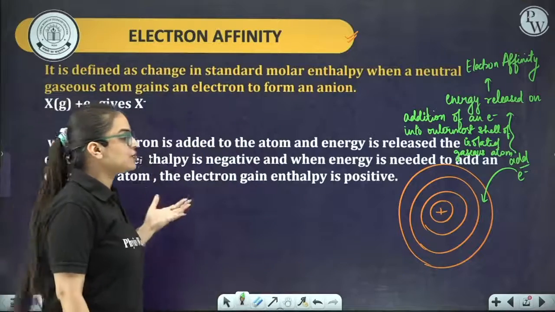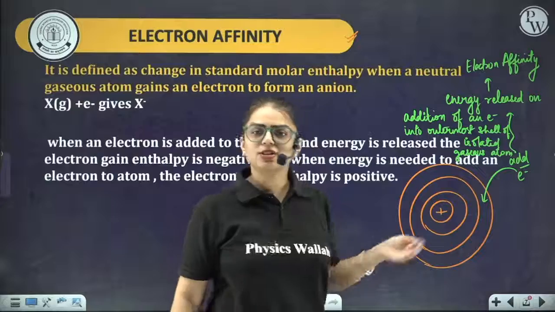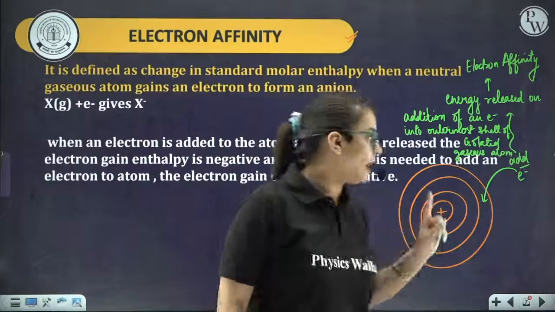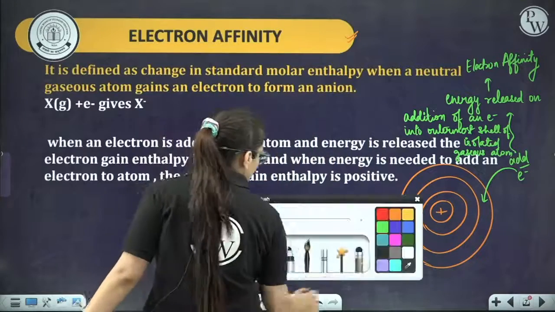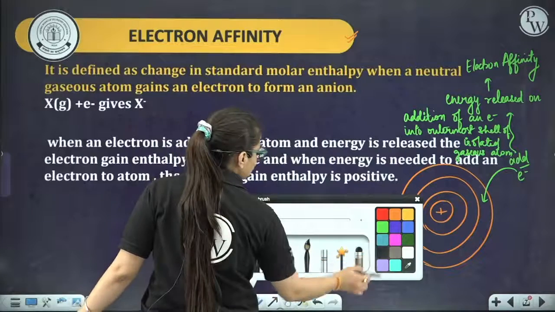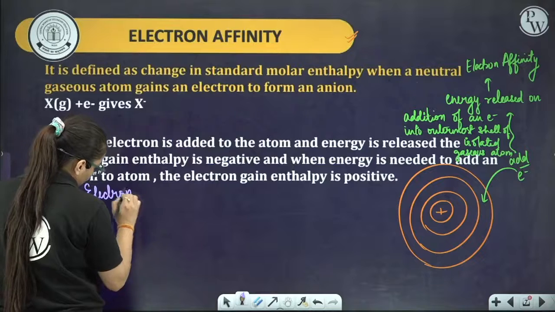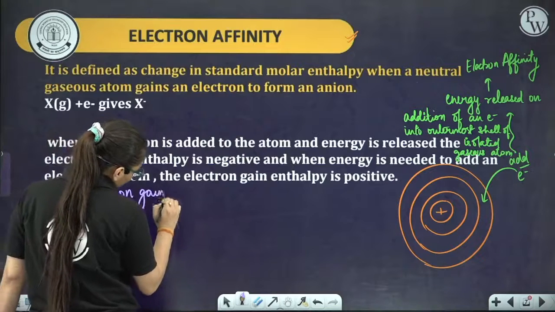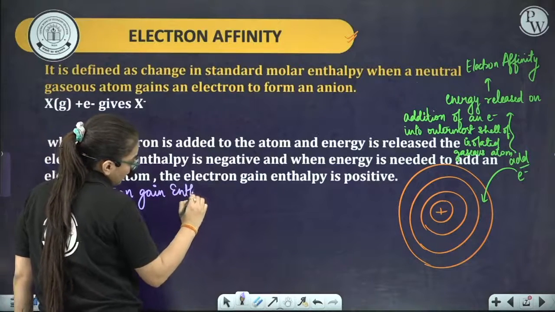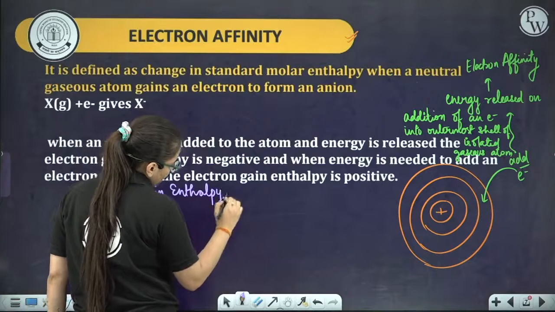Now many of the students will say, ma'am, what is then electron gain enthalpy? It is also addition of electron. Yeah, but what is electron gain enthalpy? Electron gain, the word itself says you are gaining an electron, right?